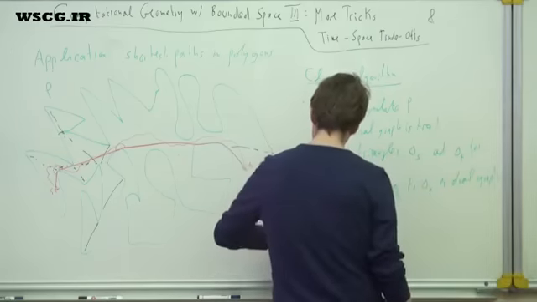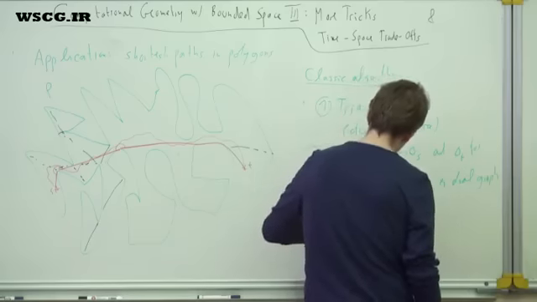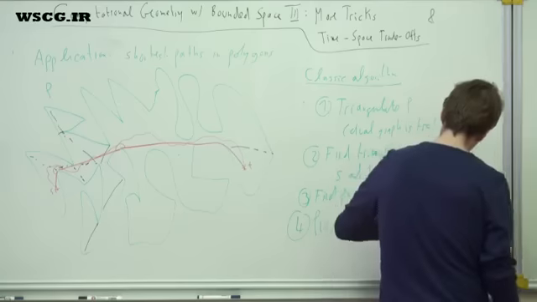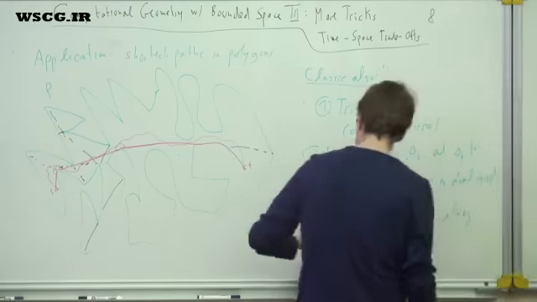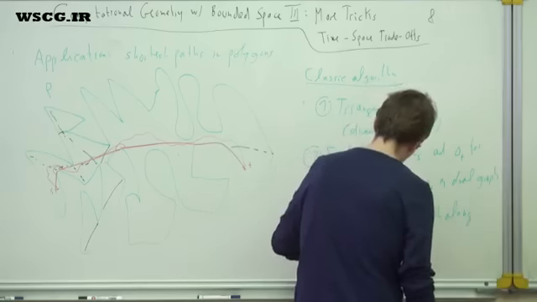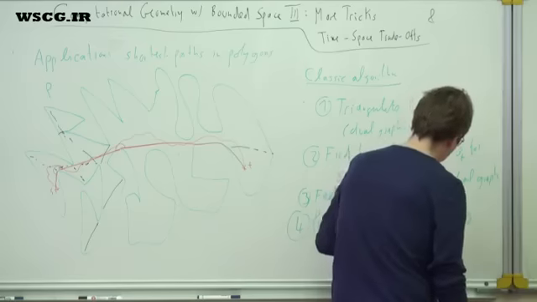And the last step is, we propagate the shortest path along the tree path, using something which is called a funnel.